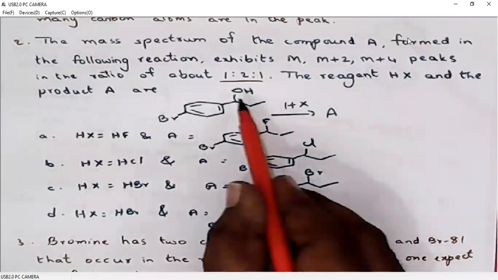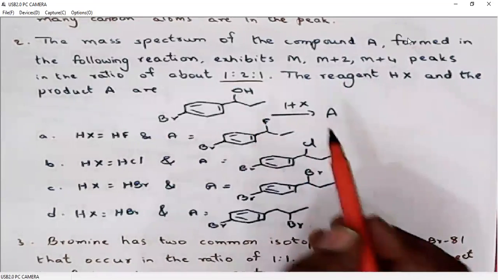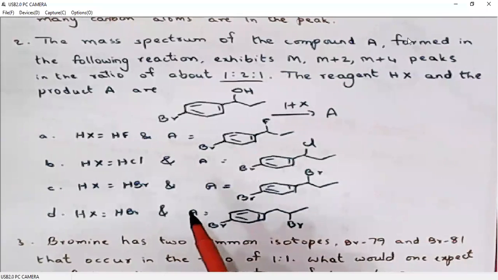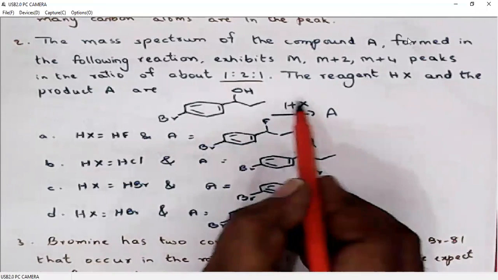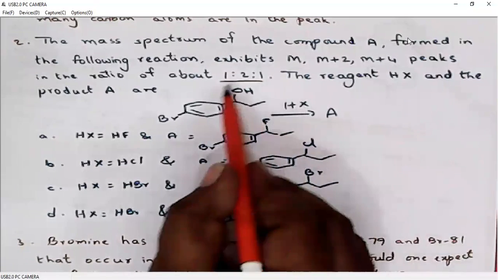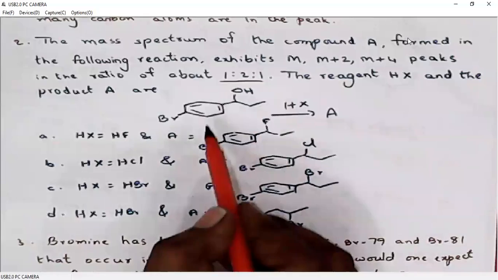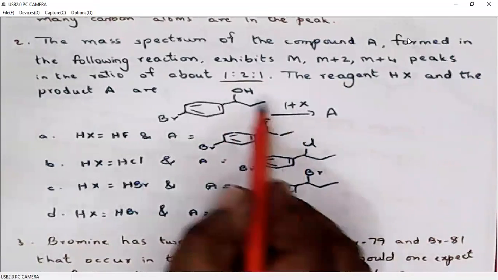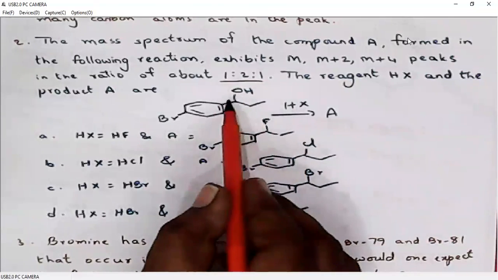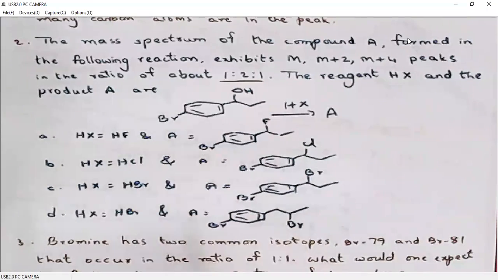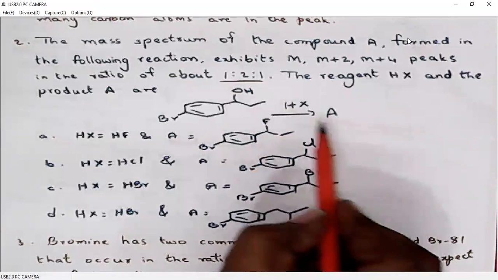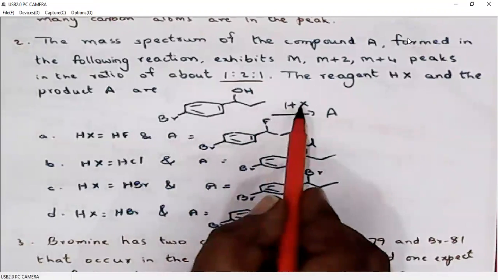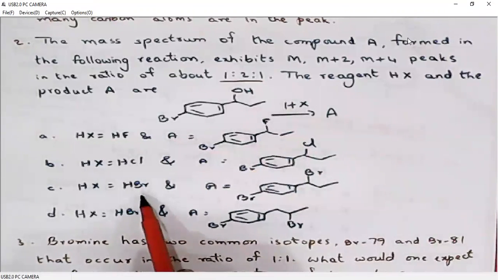Generally, an alcohol can be converted into a halide by treating with a hydrogen halide. For example, if you want to convert this into chlorine, we need to use HCl. If you want to convert this into bromine, we need to use HBr. If we want to convert this alcohol into fluorine, we need to use HF. Because of this ratio, we understood that there were 2 bromines, so the HX should be HBr.